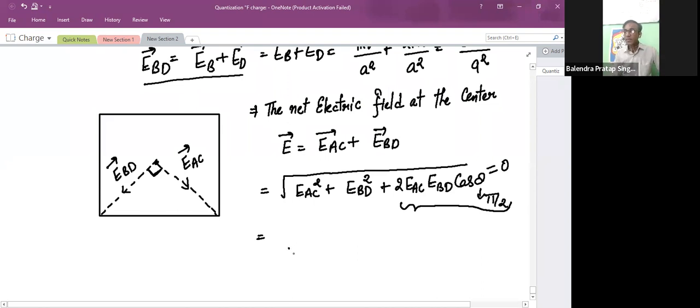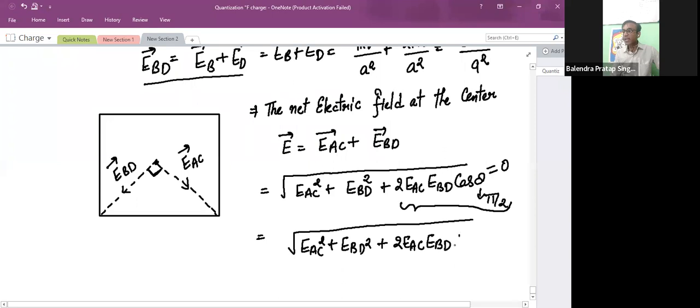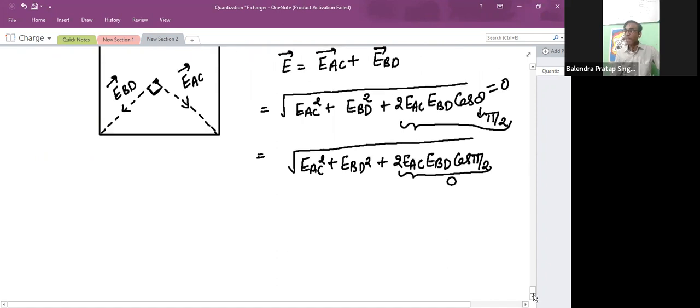So the remaining term is under root EAC square plus EBD square. Let me write in detail, otherwise some student will face problems. EAC EBD cos pi by 2, and this term is 0 because cos pi by 2 is 0.